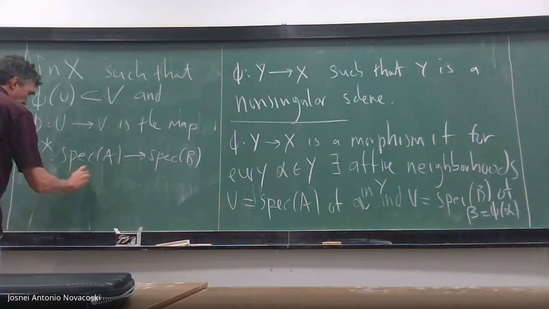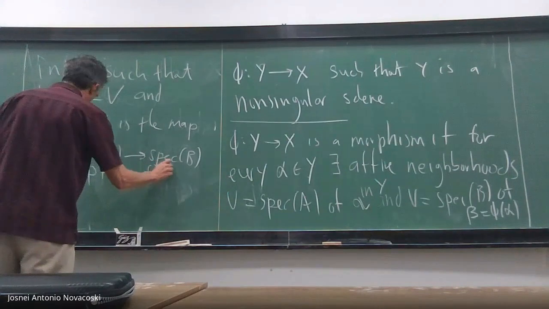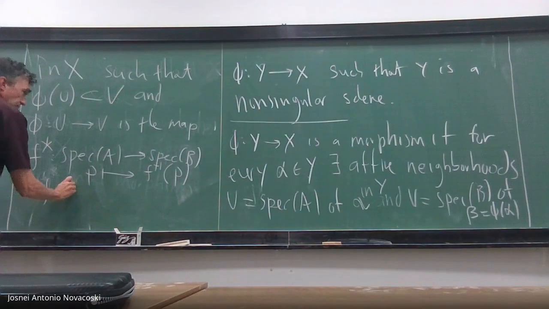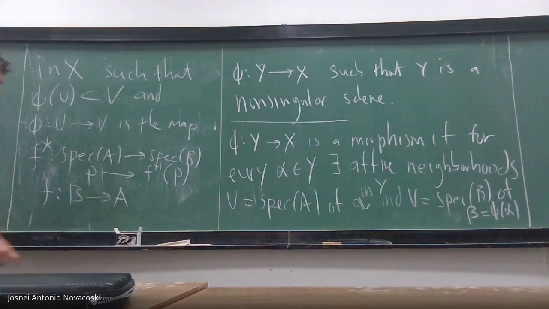Well, I'll just write it like this: a prime P goes to the pre-image of P, where F maps B into A and is a ring homomorphism. Okay, so that's how you construct this.